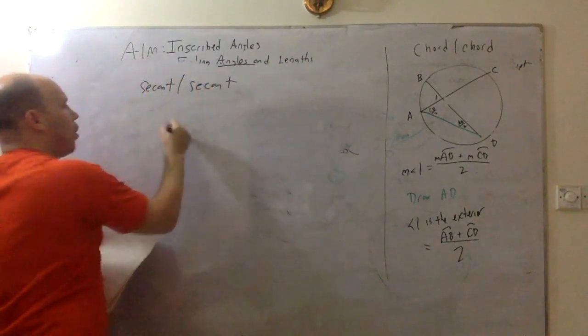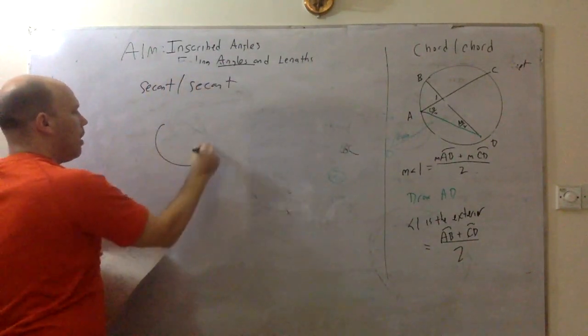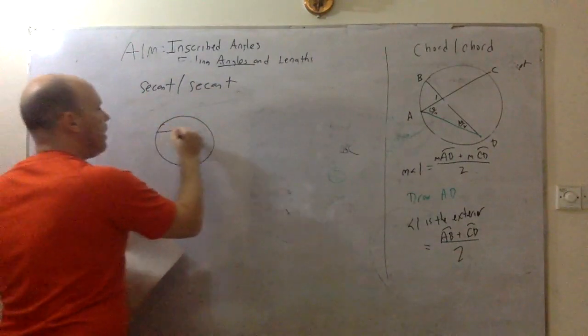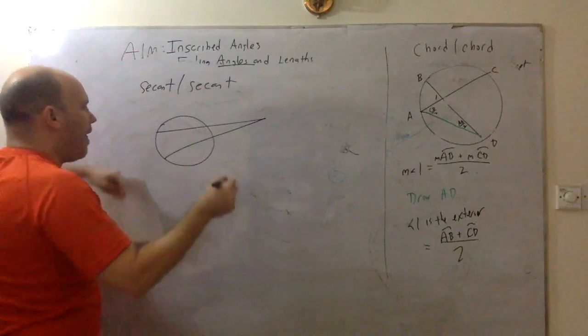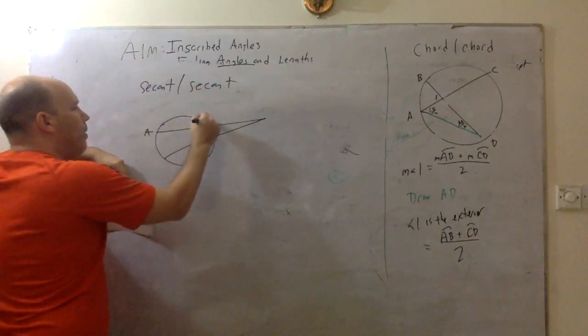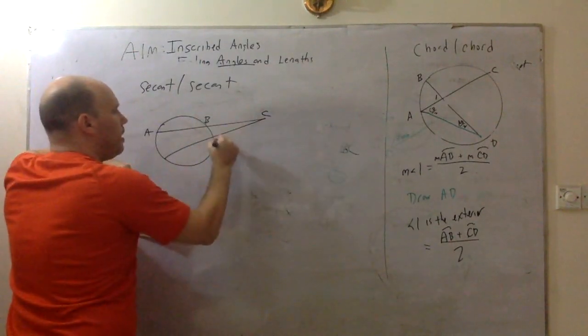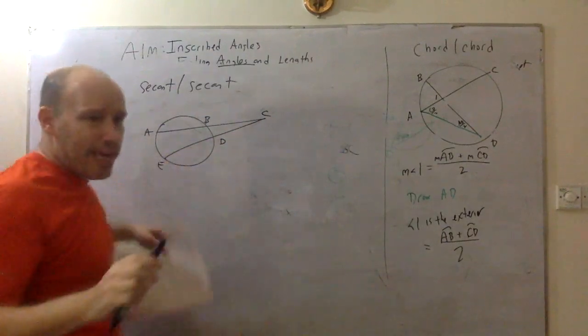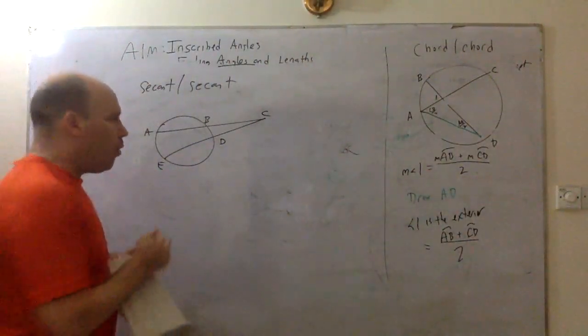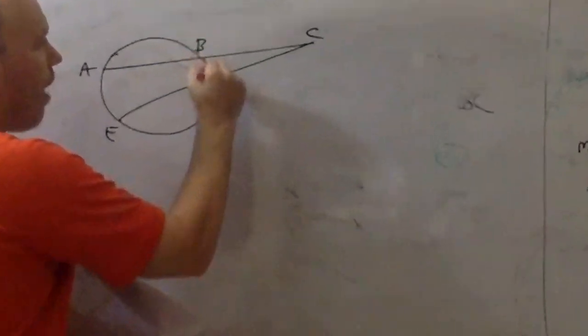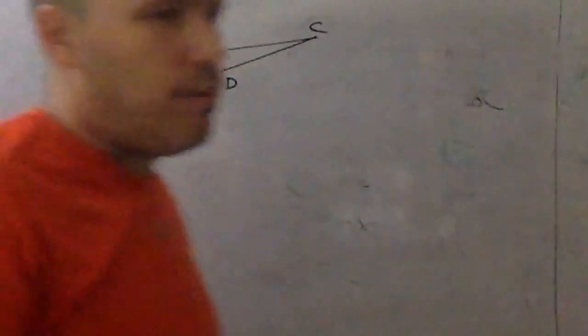Secant. So you have a circle here. We have a secant and a secant. Okay, and we have A, B, C, D, and E, and for the next couple of circles, we're going to call the small one the red, and the big one the green.